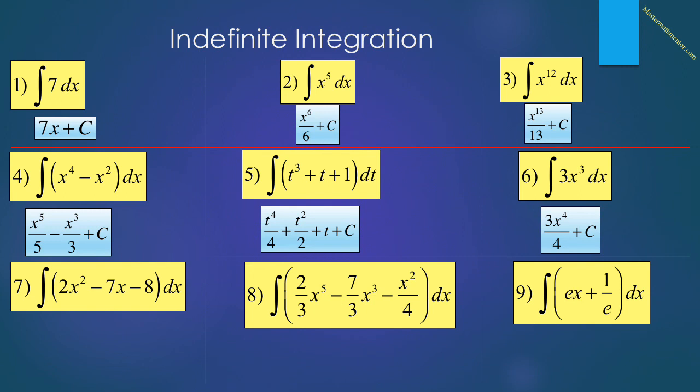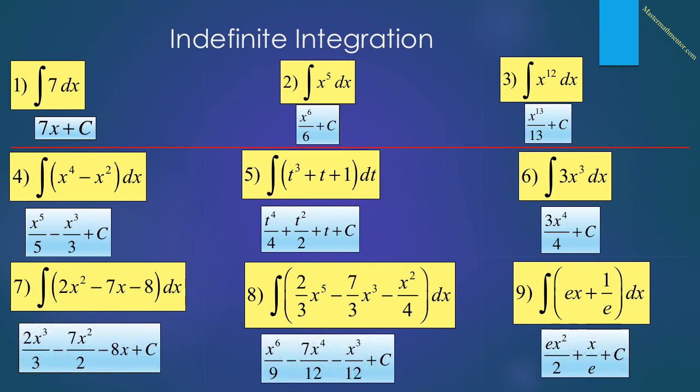In number 6, the integral of 3x to the third dx, the 3 just sits there and we get x to the fourth over 4, getting 3x to the fourth over 4 plus c. In number 7, the integral of 2x squared minus 7x minus 8 dx is 2x to the third over 3 minus 7x squared over 2 minus 8x plus c.